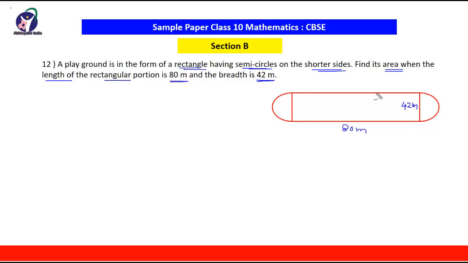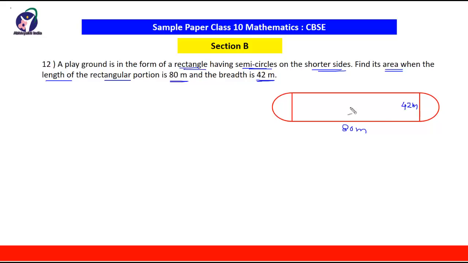So area of this playground can be calculated as area of this rectangle plus area of this semicircle plus area of this semicircle, and the area of these two semicircles together will give you the area of one circle.